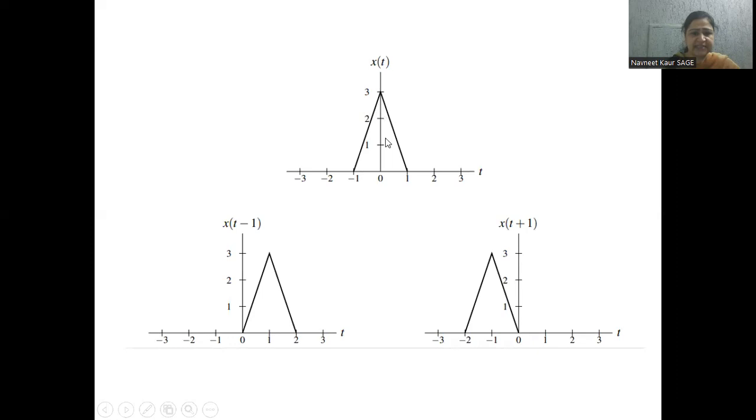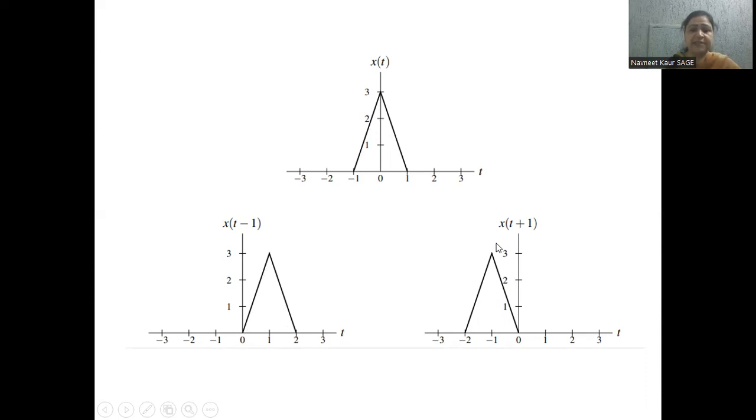In that case, this signal will be shifted by 1 unit towards the right along the time axis. Now, instead of the signal being defined between -1 and 1, it will be shifted towards right. So it will be defined between t = 0 and will end at t = 2.